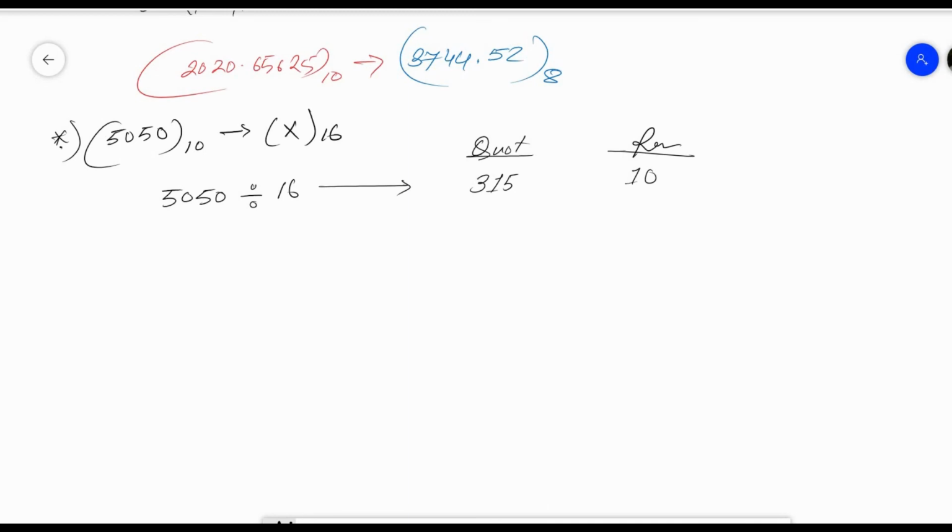We again take the quotient 315 and divide it by 16. We have 19 here, and remainder is 11, and we take 19 here and divide it by 16, and we have quotient 1 and remainder 3.